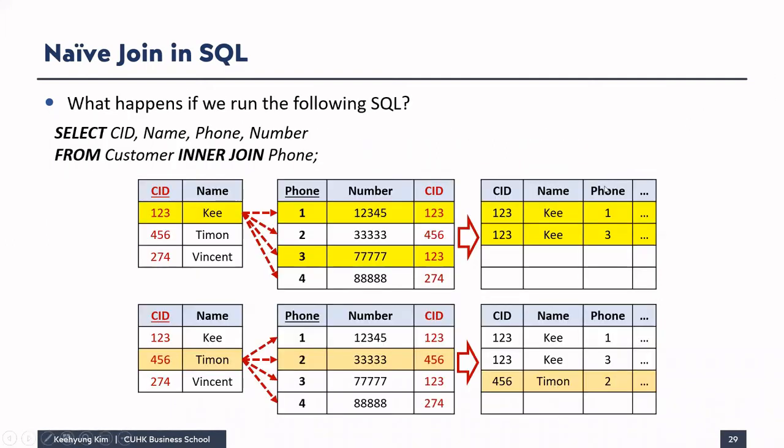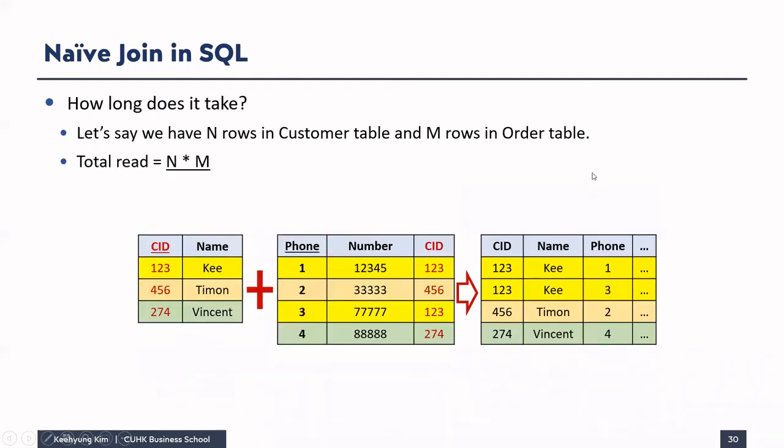However, relational databases have been used in the industry and in practice quite a lot for a long time, so many people already developed optimization processes. It's actually much faster than this. It doesn't take this long if you actually do this in a relational database.